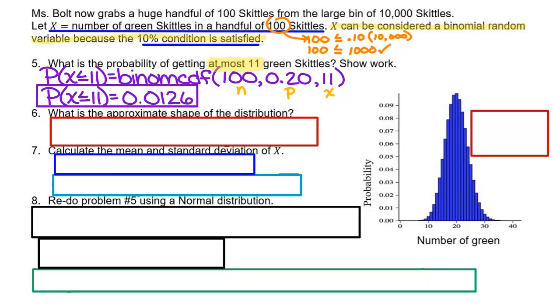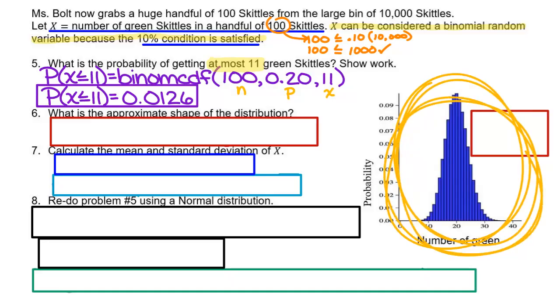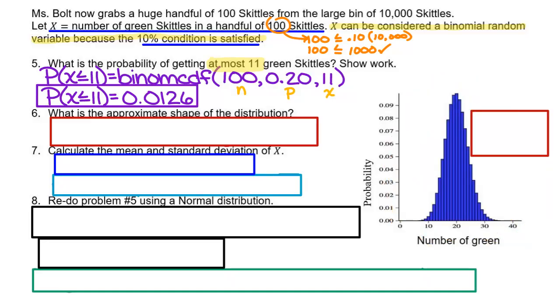So over here, in this picture, this is the probability in a handful of 100 of getting, let's see, right here would be getting 10 green. Here would be getting 20 green, 30 green, 40 green. So these are all the probabilities in a histogram. We made one of these by hand the other day, but this was way too big to make by hand today.